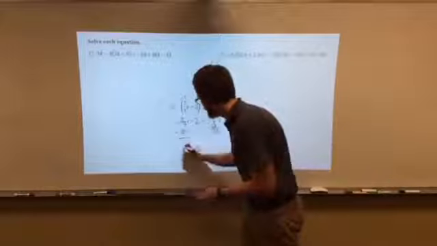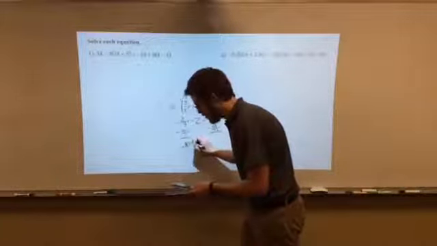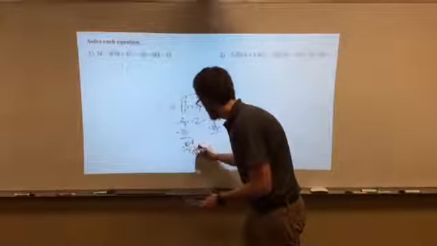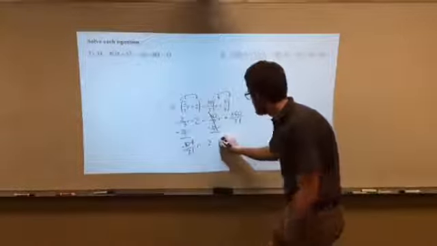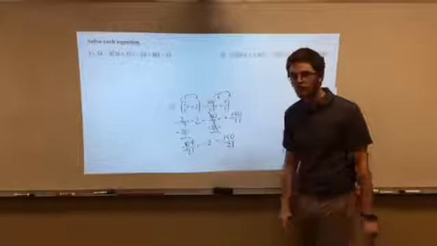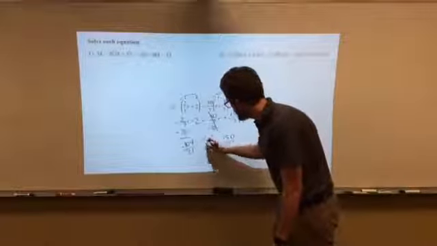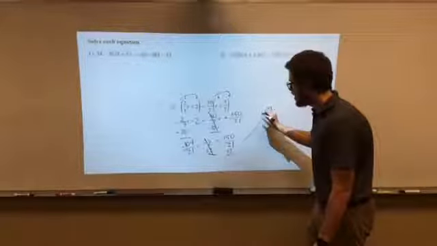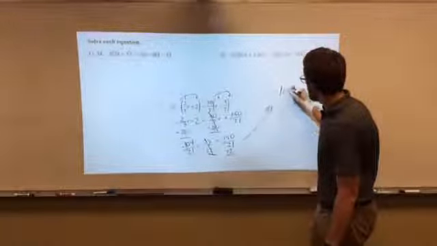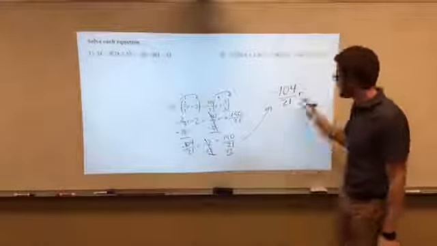As a fraction, this is a negative 104 over 21r, still minus 2 equals 150 over 21. When we add 2 to both sides, we're going to have that negative 104 over 21r all by itself now.